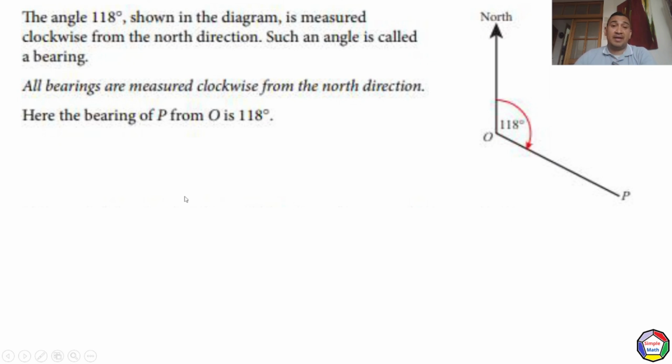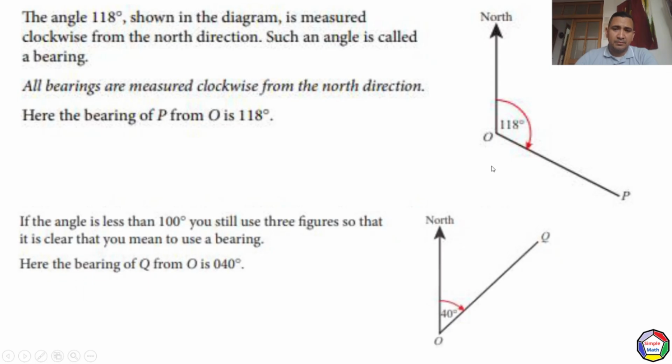All bearings are measured clockwise from the north direction, all of them, clockwise all the time. Here the bearing of P from O is 118. I want you to identify this keyword: the bearing of P from O is 118, okay?